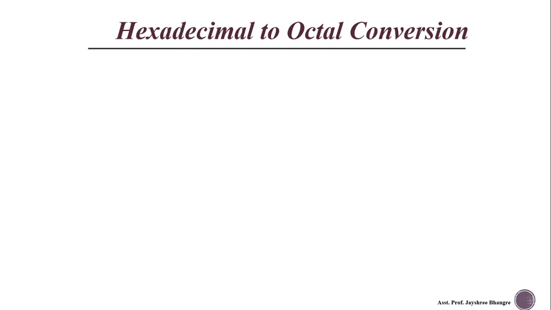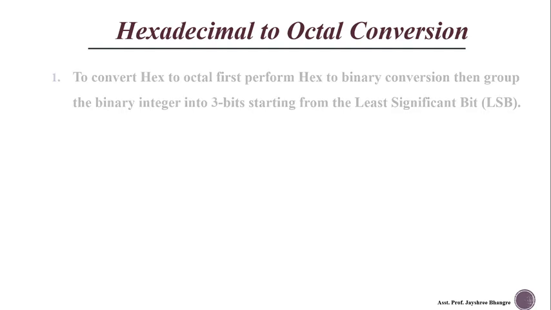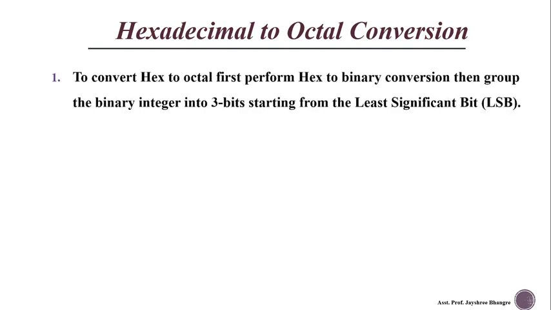This is the last conversion, that is hexadecimal number system to octal number system. To convert a hex number to octal, first we have to perform the hex to binary conversion, as we did in octal to hex, where first we converted octal to binary.